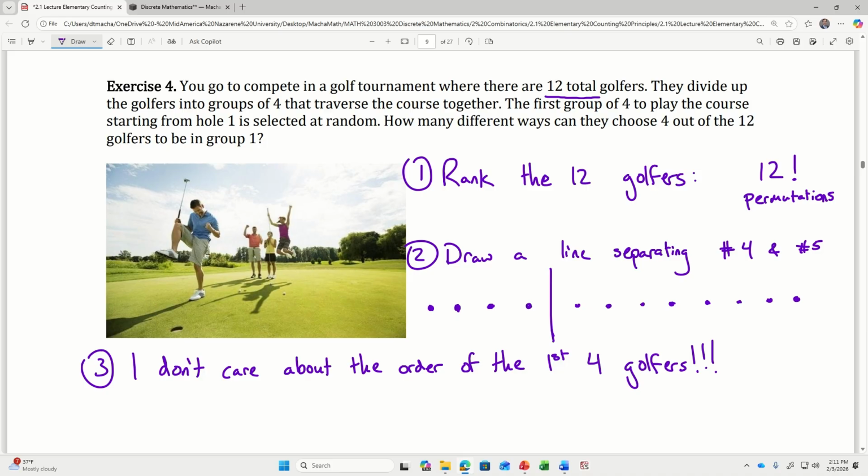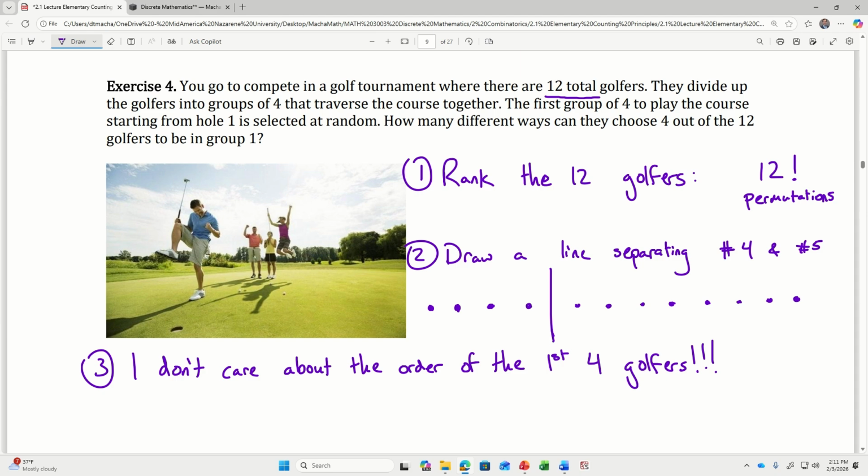How many different copies of this exact situation exist, where I have the same first 4 golfers and the same last 8 golfers, everything in the same order, but these first 4 happen to be shuffled around? 4 factorial. There's 4 factorial different instances within these 12 factorial permutations where the last 8 golfers are the same, but the first 4 are moved around.